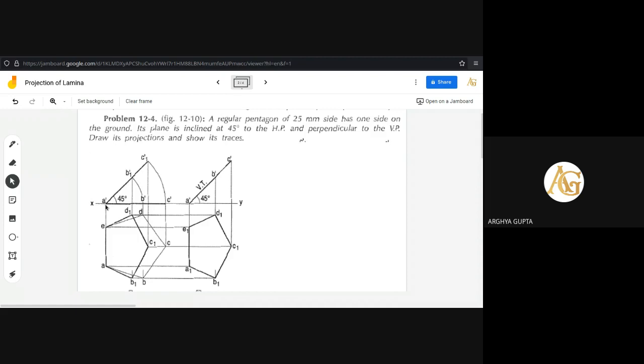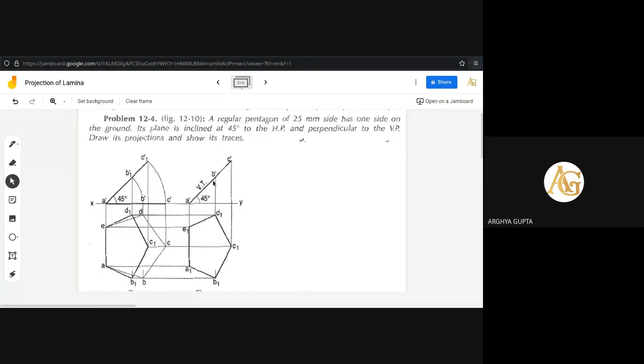Now take the pencil compass and take the measurement between A and B, and cut it here. C has already been marked, so I have to mark the point B only. So 3 points are being marked: A dash, B dash and C dash. So the names will be A dash, comma E dash, and B dash, comma D dash. So A dash, comma E dash, B dash, comma D dash and C dash.